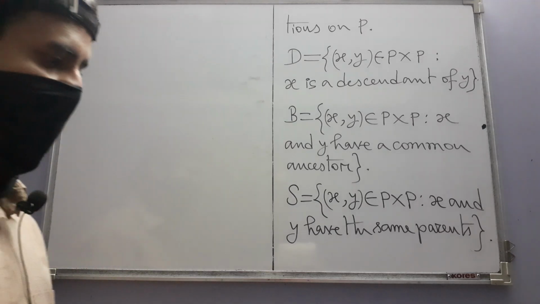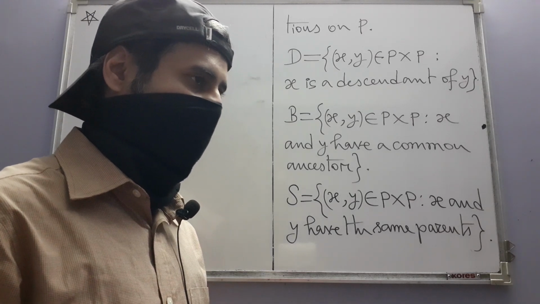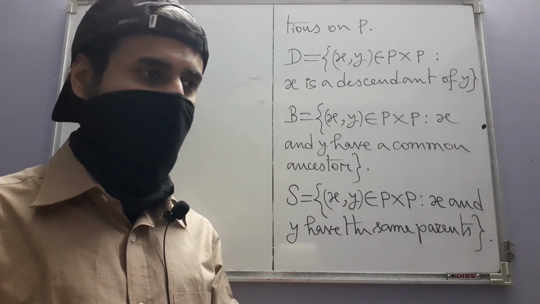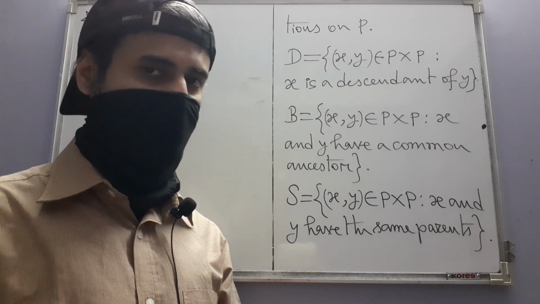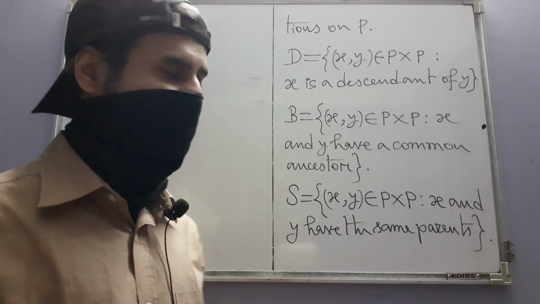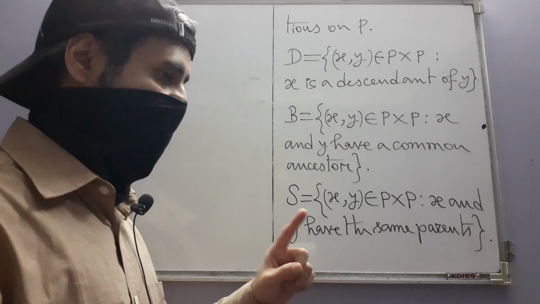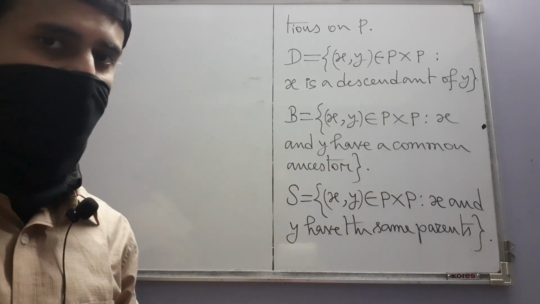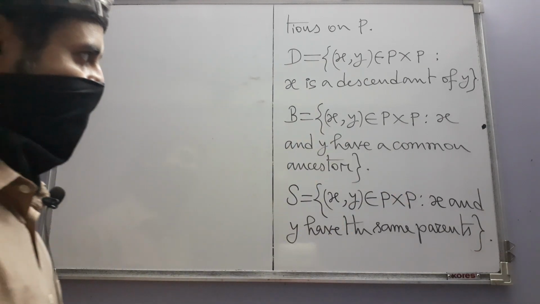Say, I am an Indian, you may be from somewhere else very far away, and there is nothing common between our family trees. Then, in spite of being distinct persons, we are not related by this relation.